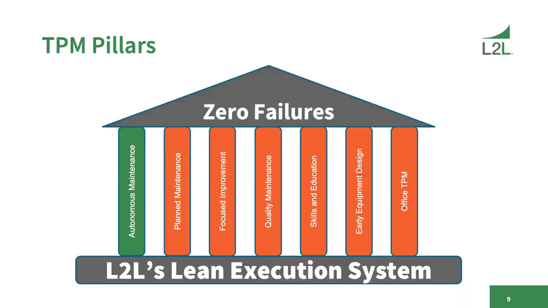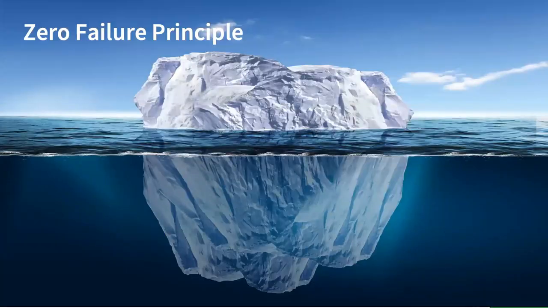So let's talk a little bit about autonomous maintenance, but I want to talk about this zero failure principle. What I mean by that is that one of the goals of TPM is to get to zero failure. How do we get down to zero failure?